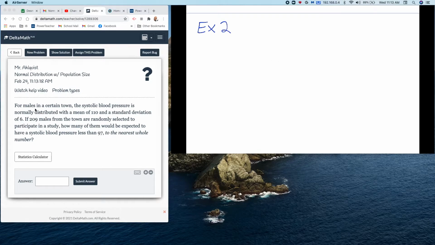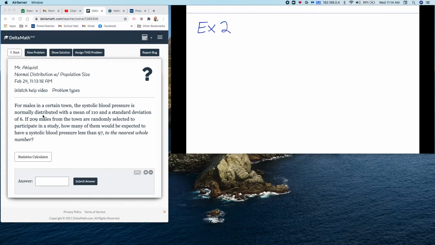For males in a certain town, systolic blood pressure is normally distributed with a mean of 110. The systolic blood pressure is the first number in your blood pressure when you get it taken. It has a mean of 110 and a standard deviation of 6.